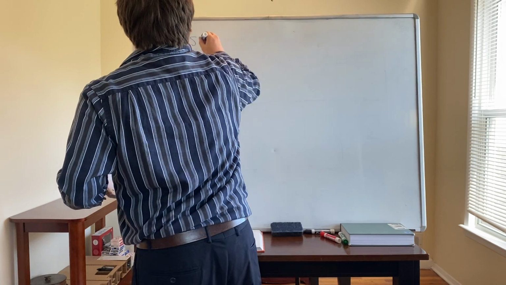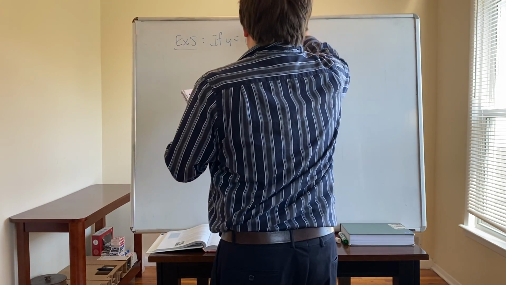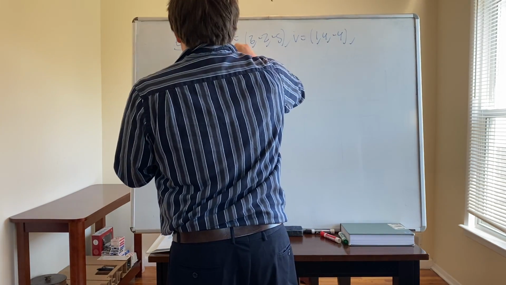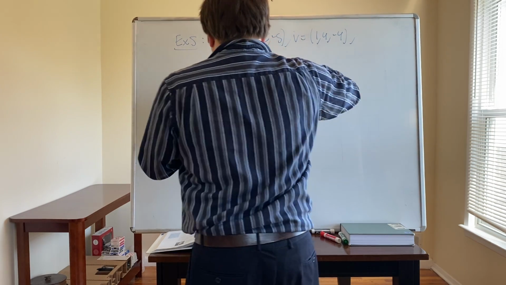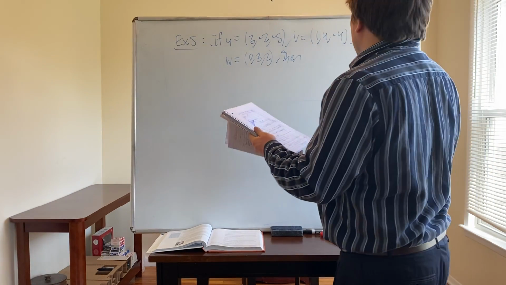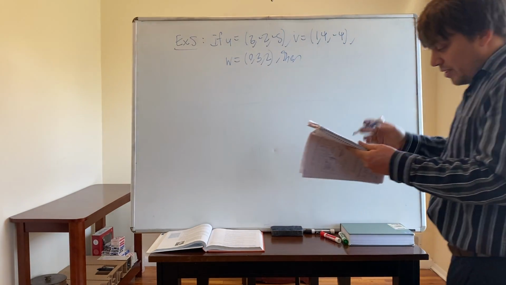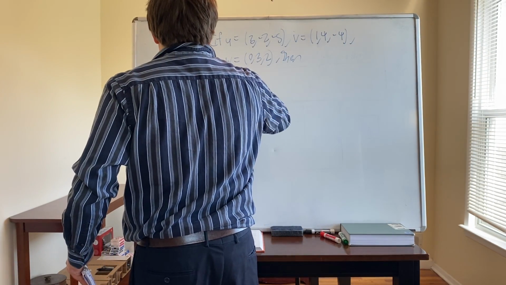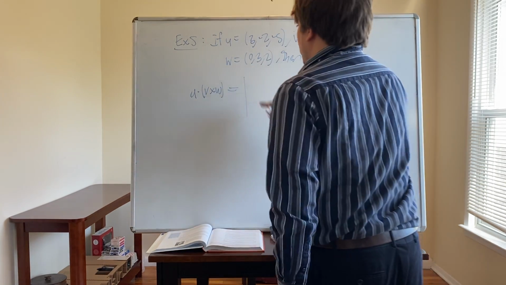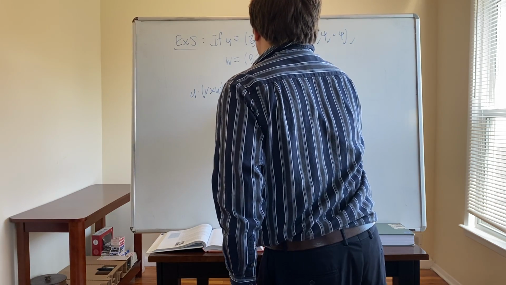Okay, so example 5. If u is that vector, v is that vector, and w is that vector, then u dot v cross w is equal to, I'm just going to take the components of u, which are 3, -2, -5, components of v, 1, 4, -4, and w, 0, 3, 2.